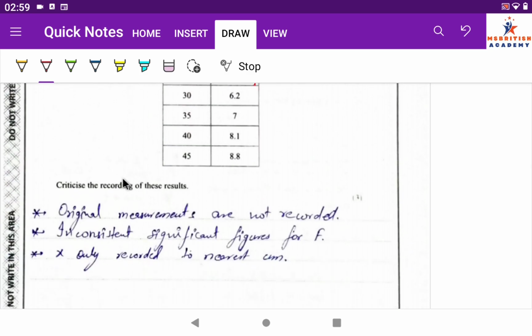To criticize the recording of these results: original measurements are not recorded, and there are inconsistent significant figures for F. X is only recorded to the nearest centimeter.